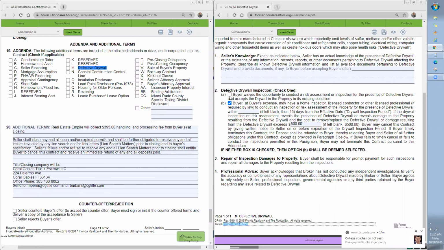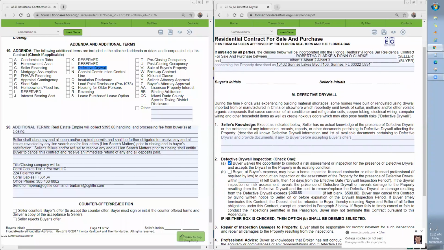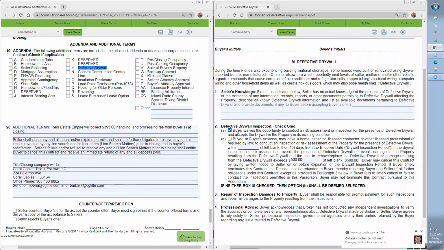Or the buyer can say, I'm not worried about it. I'm not going to do an assessment or an inspection. And then we have to check off this part of the document, and both buyer and seller need to initial saying that the buyer waives the opportunity to do an inspection.